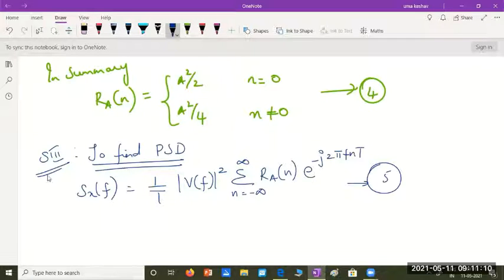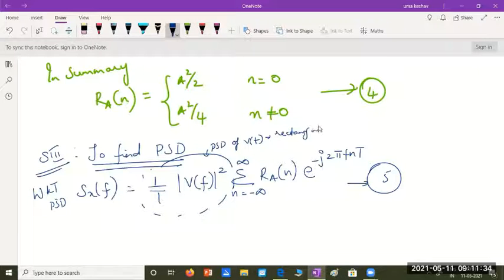We know that the power spectral density Sx of F is given as follows, I told you what this is. The first part represents the power spectral density of V of t, the rectangular pulse.